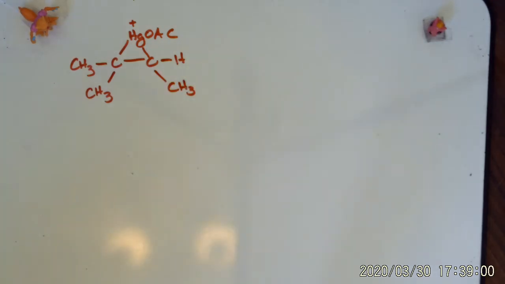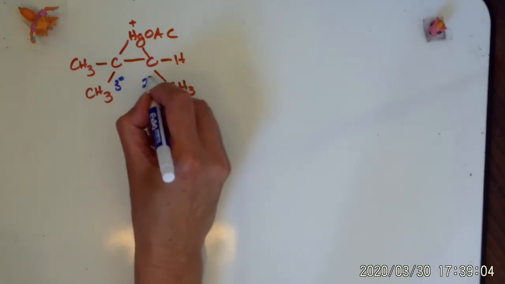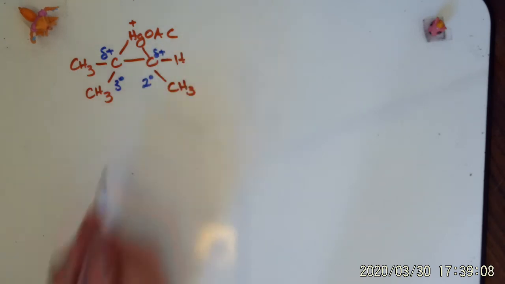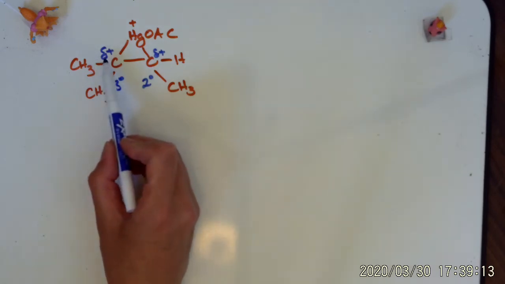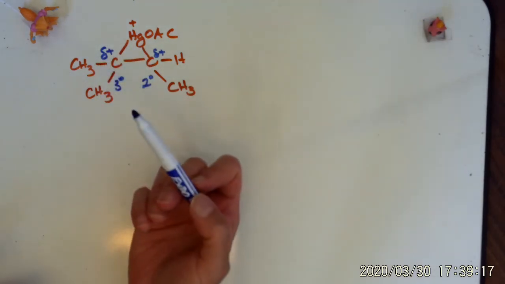And we said, since this is tertiary and this is secondary, this stabilizes a positive charge much better. When I distribute, this will have a larger positive charge. It can hold it.